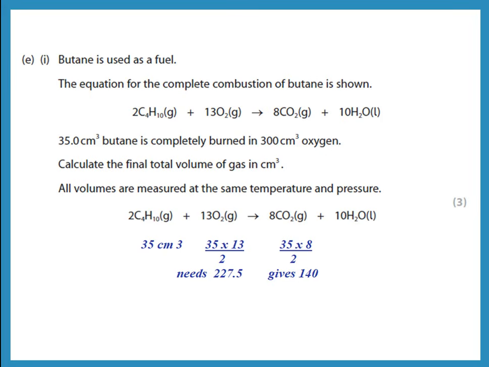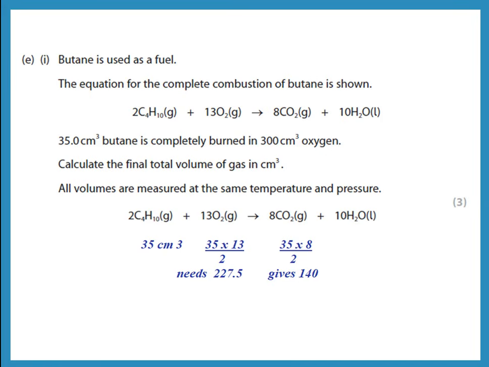So we actually need 227.5 of oxygen. Now, how much CO2 will I release? 2 of C4H10 gives 8 of CO2, so 35 will give how much? So 35 times 8 over 2. So I will be producing 140 centimeter cubed of CO2. Then he added how much oxygen? He added 300.